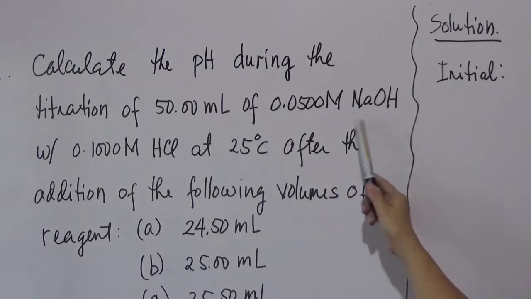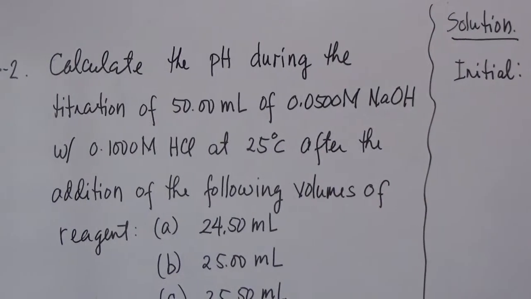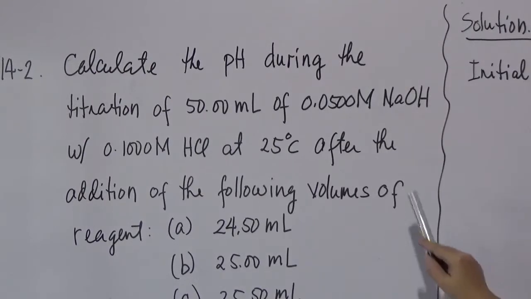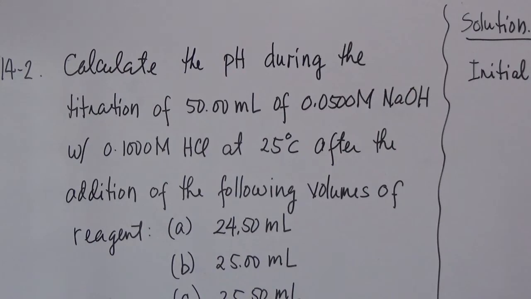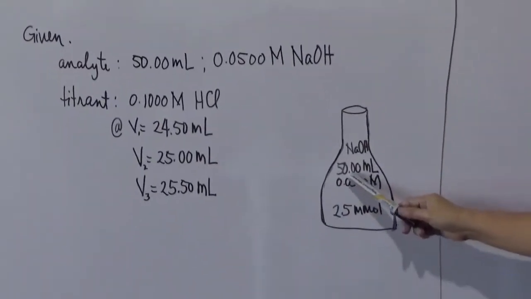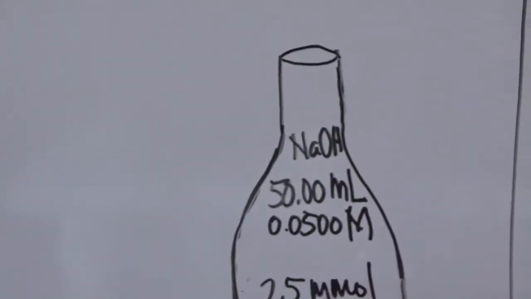Sodium hydroxide with a concentration of 0.05 is our analyte, so that is the one placed in the flask. The amount of the analyte is 50 ml. So, excuse my drawing, 50 ml of sodium hydroxide with a concentration of 0.05.